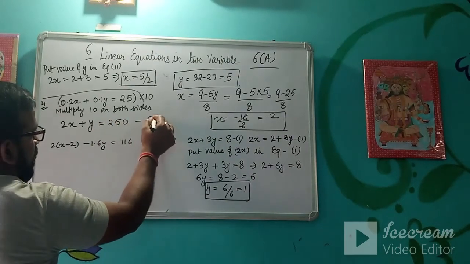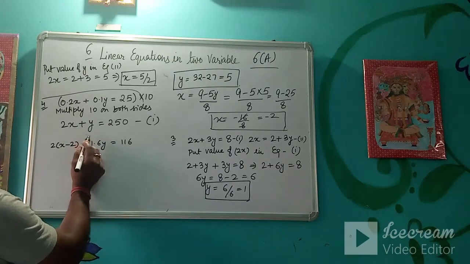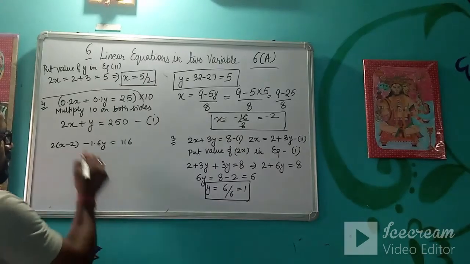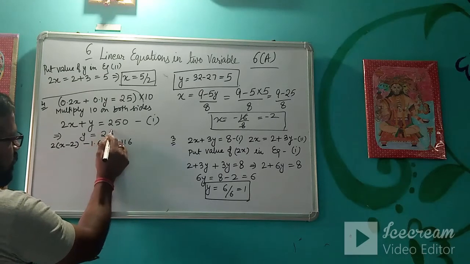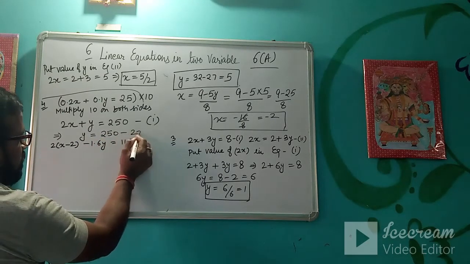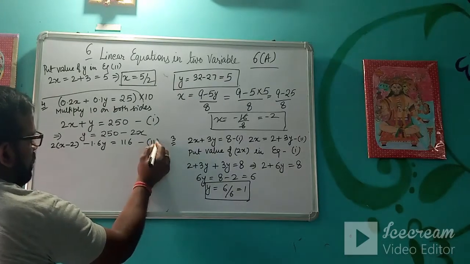So this will be my first equation. Then from here you can see y's coefficient is 1. So from here I will take out the value of y. Y will be 250 minus 2x.